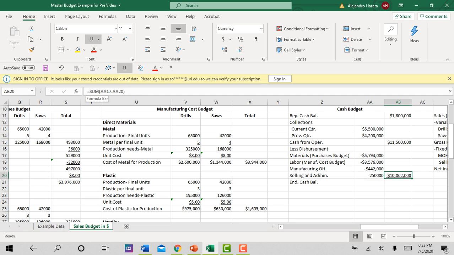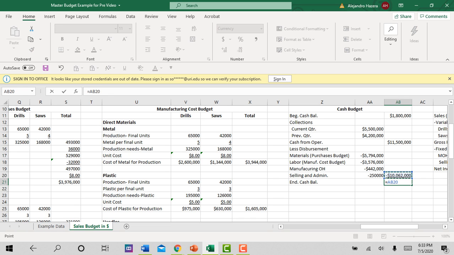So that gives me 10,062,000 in terms of disbursements. So my ending cash balance should be the total available cash plus a negative of 10,062,000. So my ending cash should be $1,438,000. That seems to match the answer.